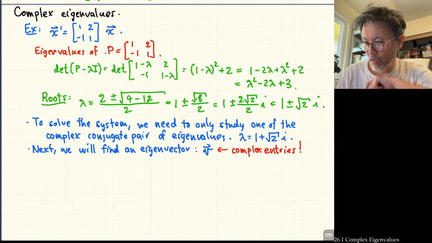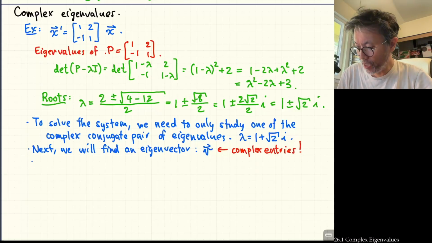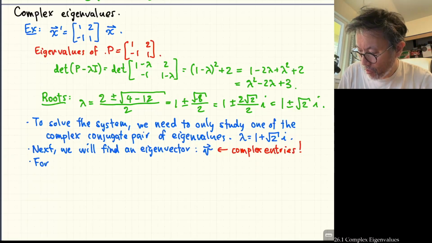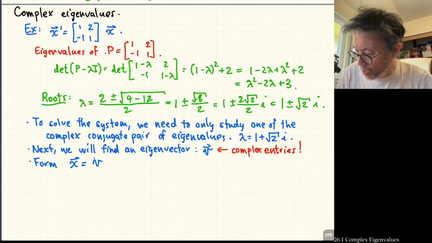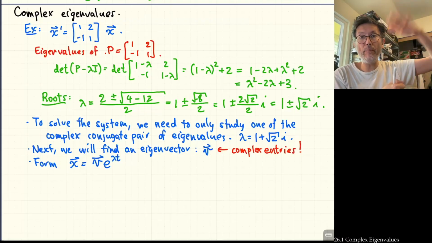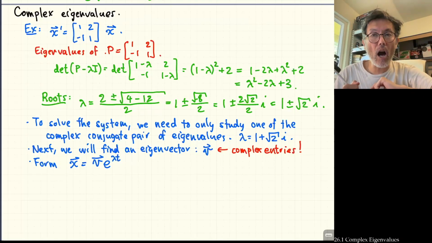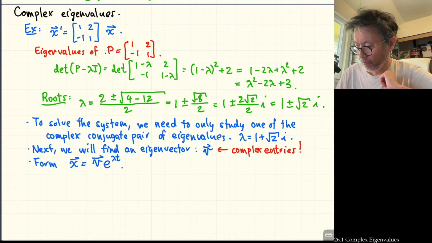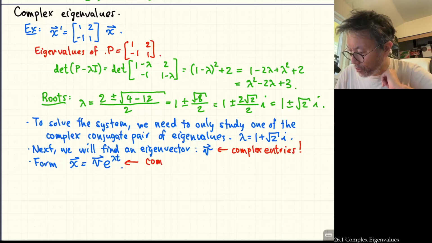But it's still the case that we can form the solution x equals v e to the lambda t, where again v is a vector with complex entries, and lambda is a complex number. And so this is going to be a complex valued solution in general.